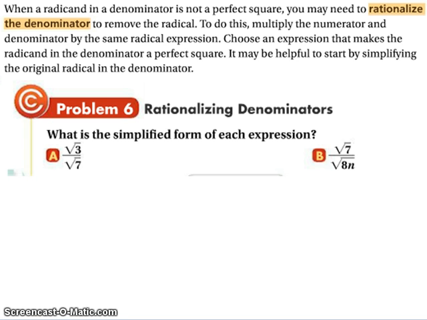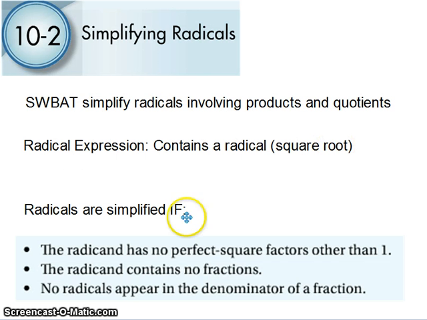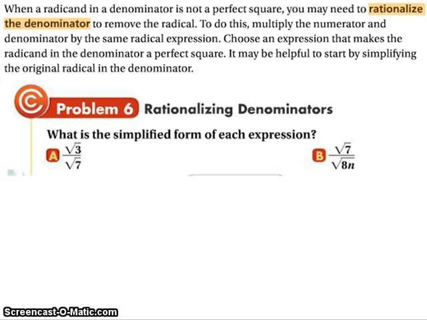All right, now one last thing. Rationalizing the denominator. Okay? And basically, one of the rules, if you remember, all the way back at the very beginning, is that you can have no radicals in the denominator of a fraction. So what we have to do is we have to get rid of it.